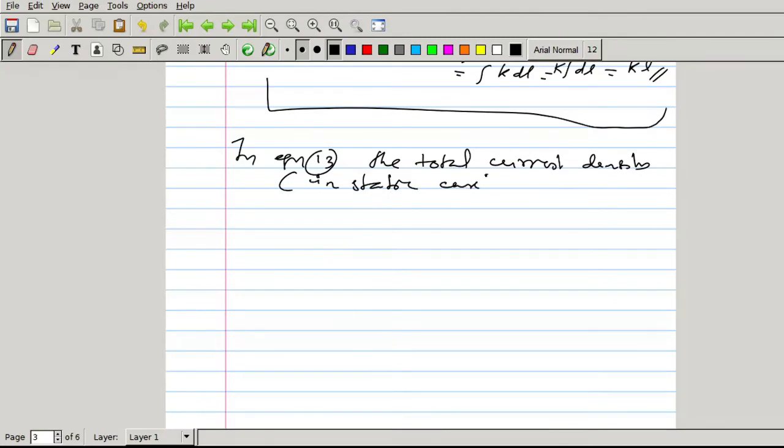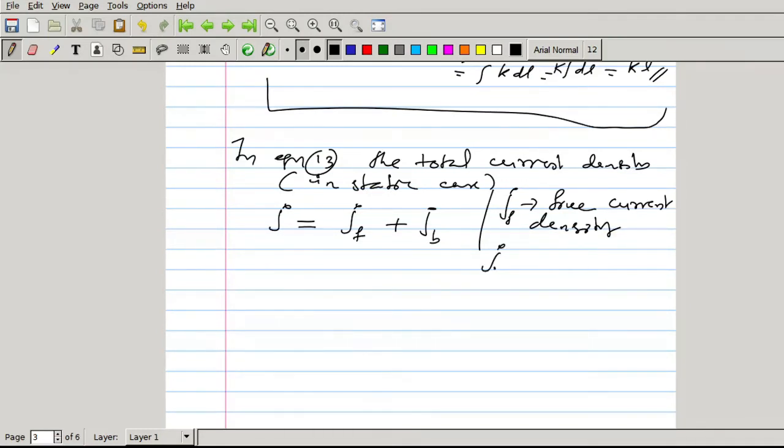In the static case, the total current density J total is the combination of J free and J bound, where J free is the free current density and J bound is the bound current density.